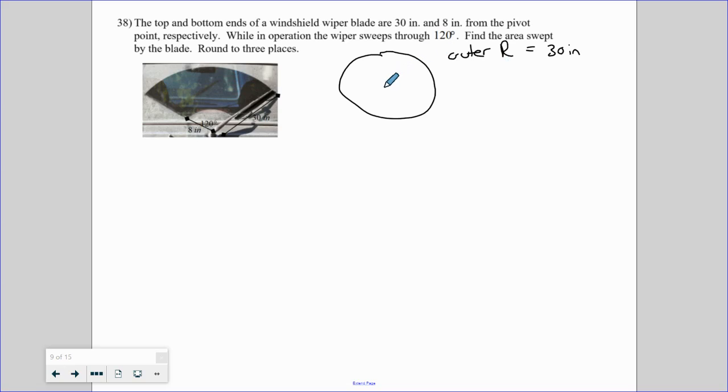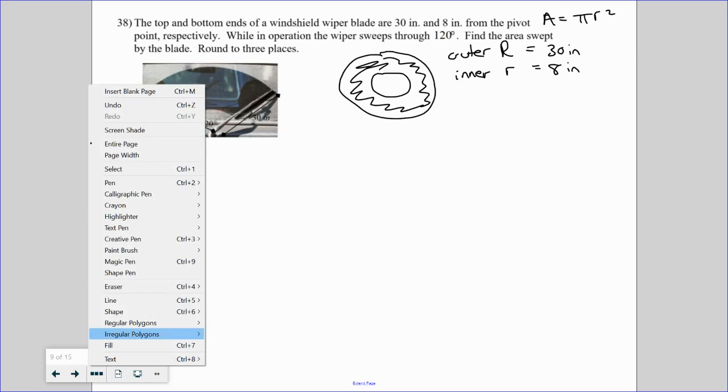And then if I said, here's another circle on the inside, and the inner radius, I'm going to use a little r, is equal to 8 inches, you'd be able to find those two area problems, right? Because the area of a circle is pi r squared. So that would be quite simple. And then if I said take the outer and subtract the inner, you would end up with the area of the donut, right?